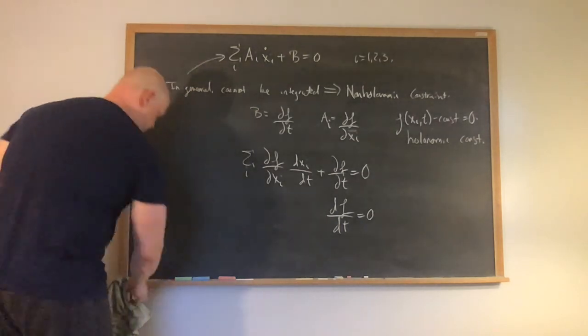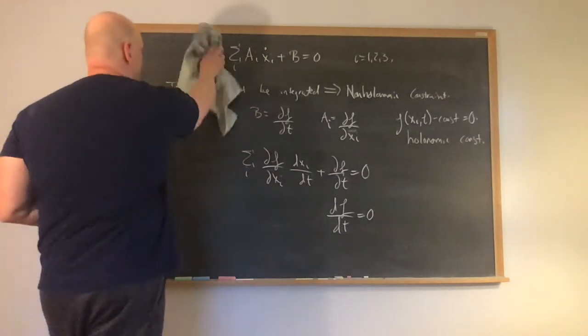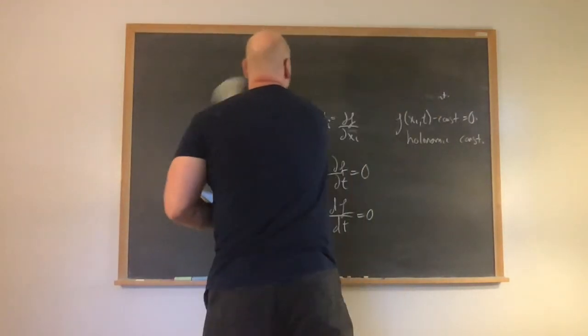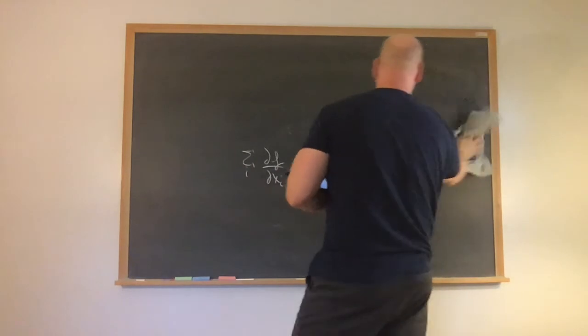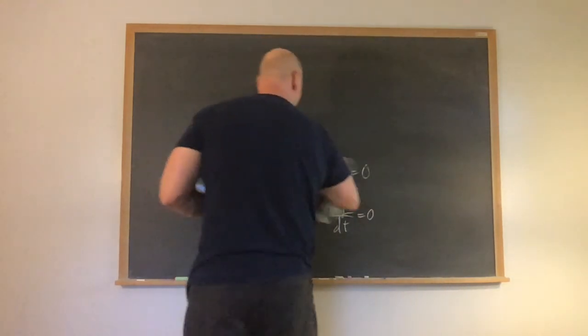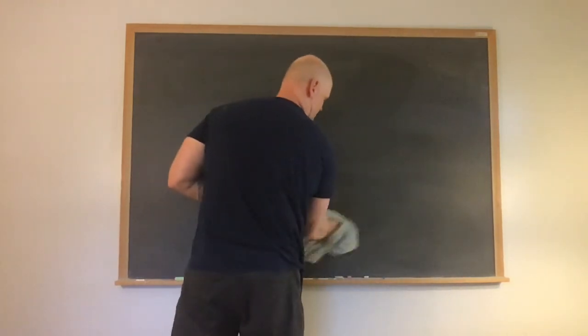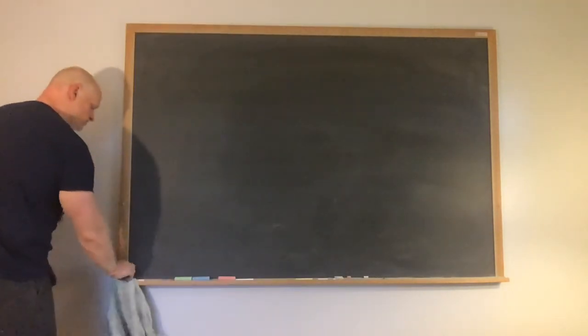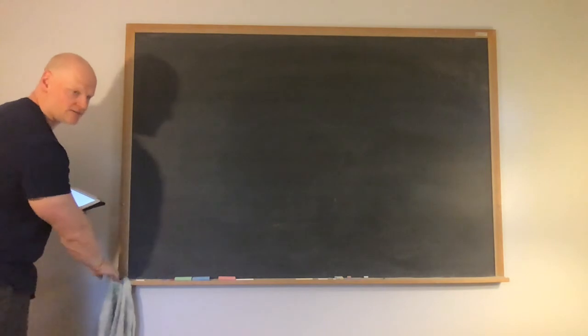Now, the best case scenario is that, instead of having an algebraic constraint, if we had a differential constraint, then we can actually use Lagrange's undetermined multipliers that we talked about before.